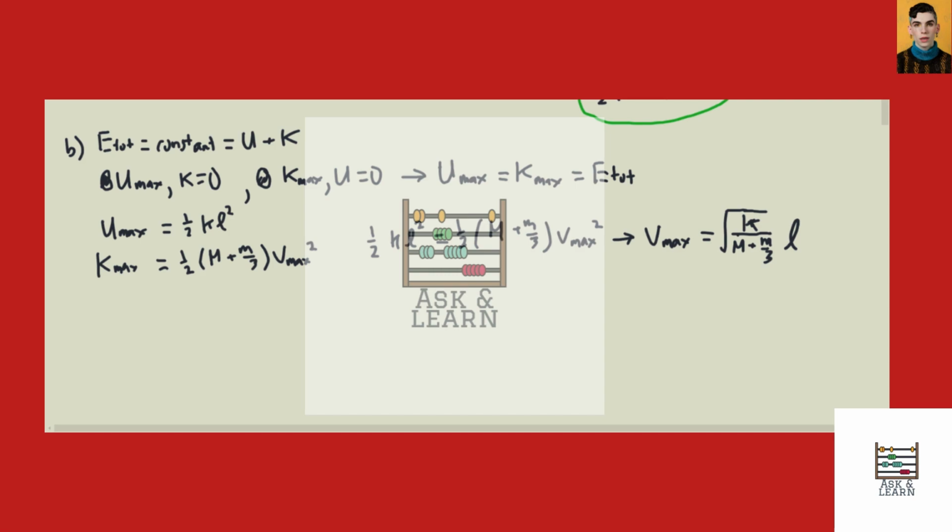Now, what else do we know about our position and velocity? Well, this is a simple harmonic oscillator, so we can write expressions for position and velocity.